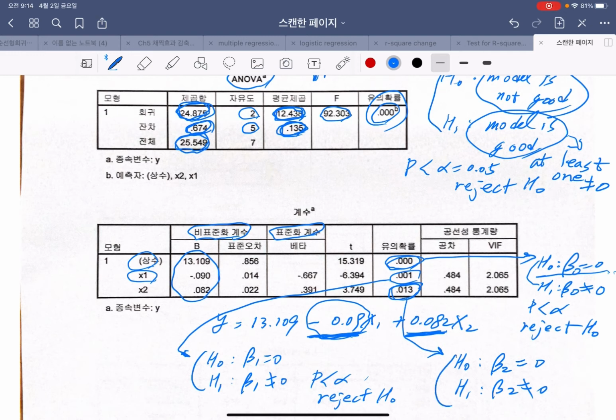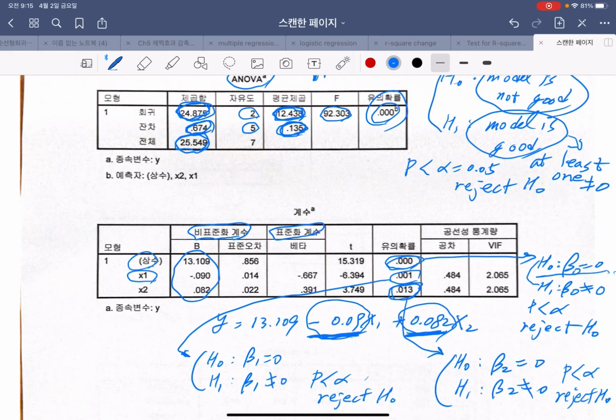In this case, the p-value is less than alpha, so you reject the hypothesis. That means beta 2 is significant. So you can safely say that there is a positive relationship between x2 and y, right?